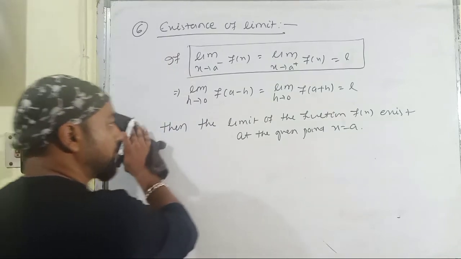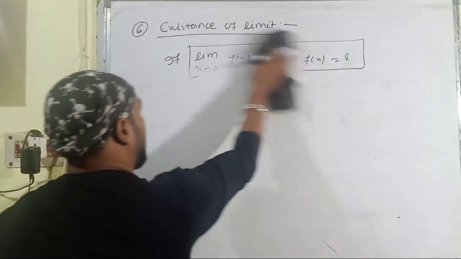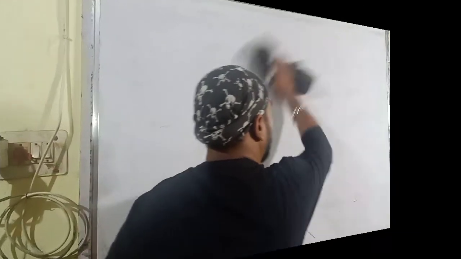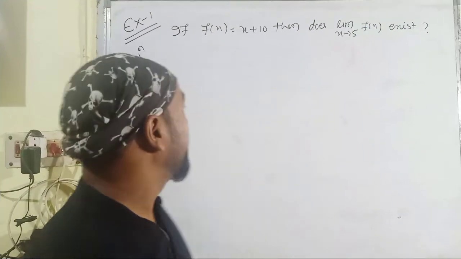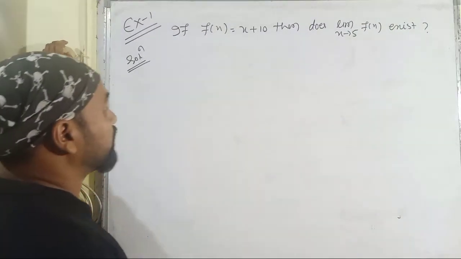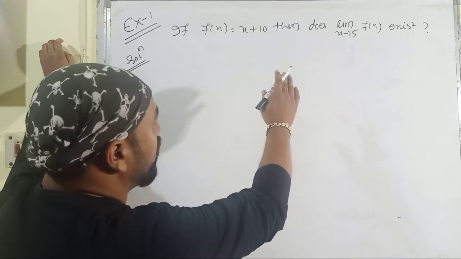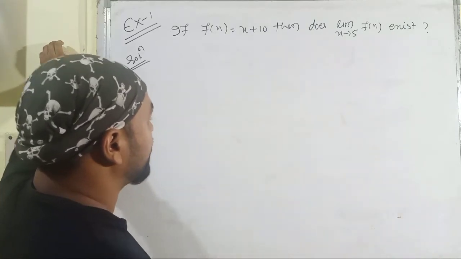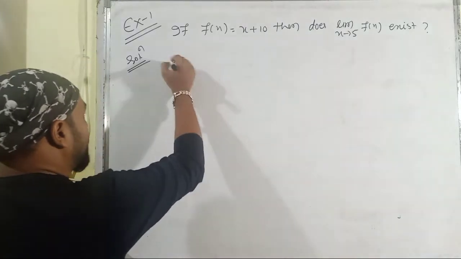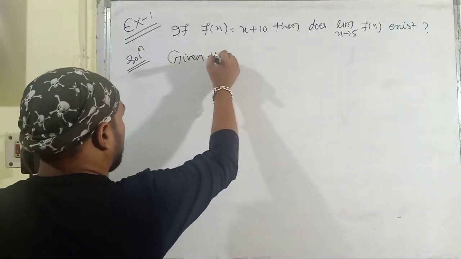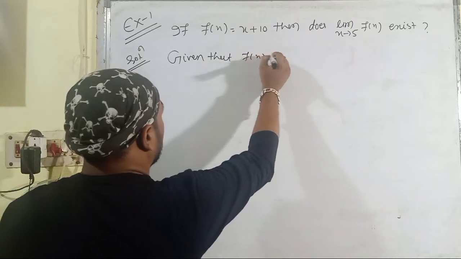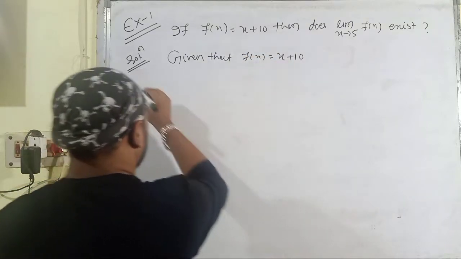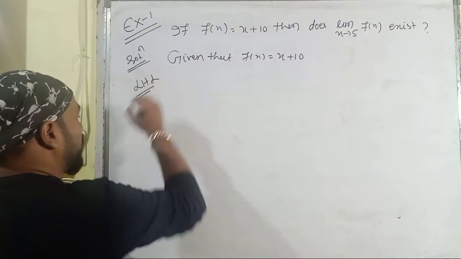So let us solve some problems based upon existence of limit. Here the given function is f of x is equal to x plus 10, and the question is, does the limit of the function f of x when x tends to 5 exist or not? So given that f of x is equal to x plus 10, then finding out the left hand limit.